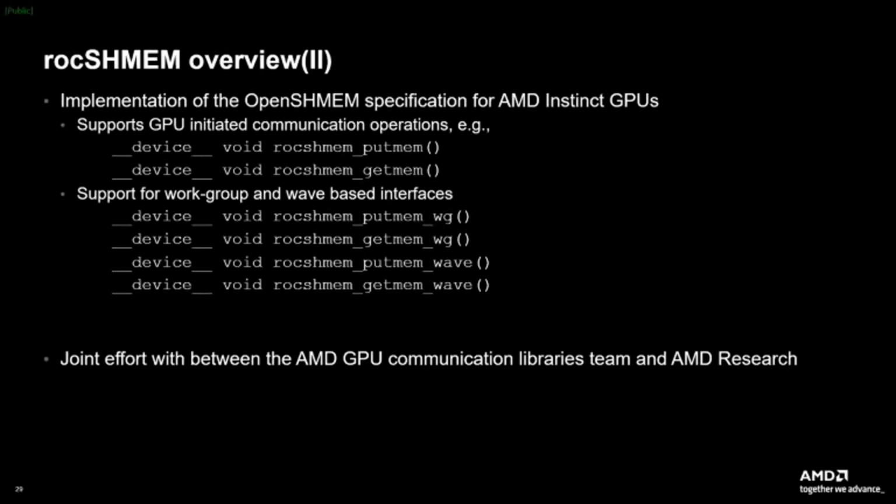So the application has a mechanism to completely bypass the CPU for initiating the communication operations under certain circumstances. This library was for a long time already in development by AMD Research, by a number of folks. Right now, we're in the process of making it a tier 1 citizen of the communication library software stack, right? So it's a collaboration between our GPU communication libraries team and AMD Research.